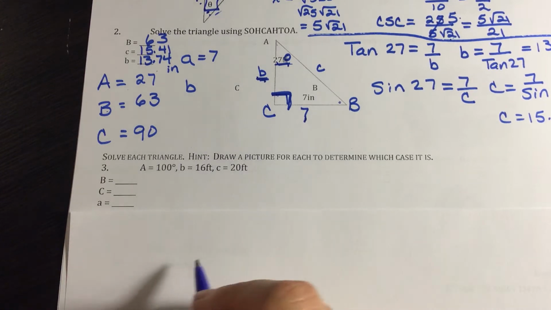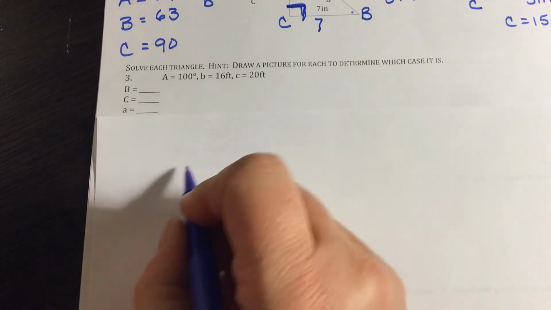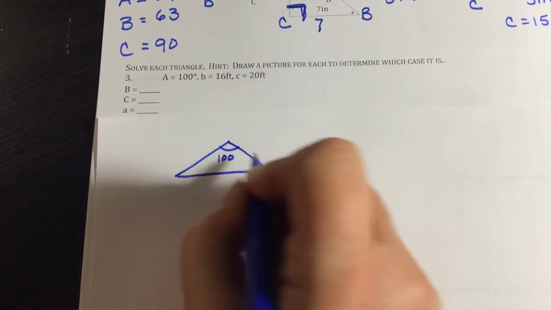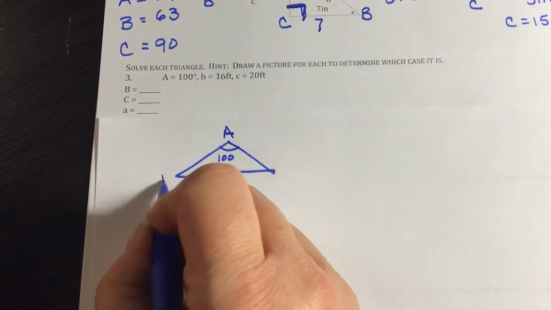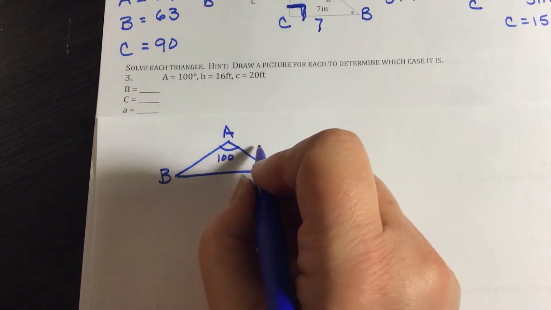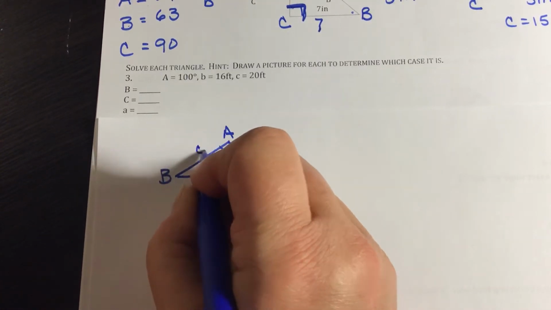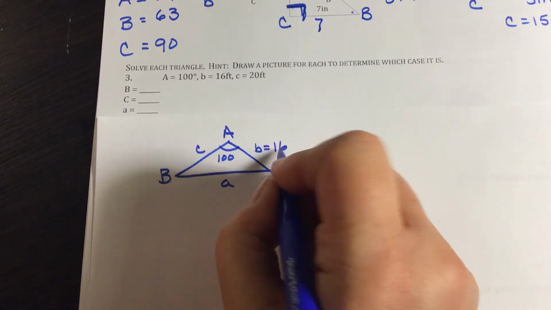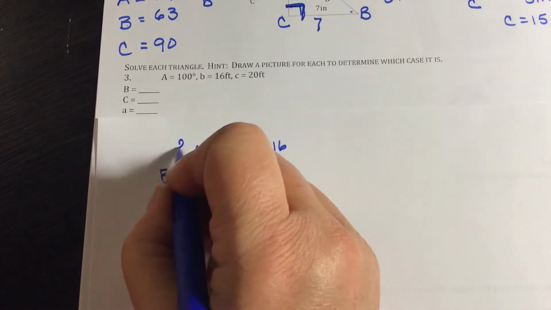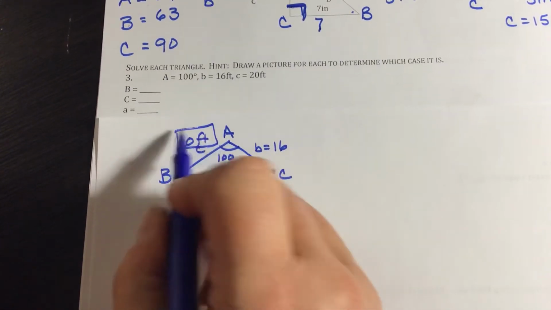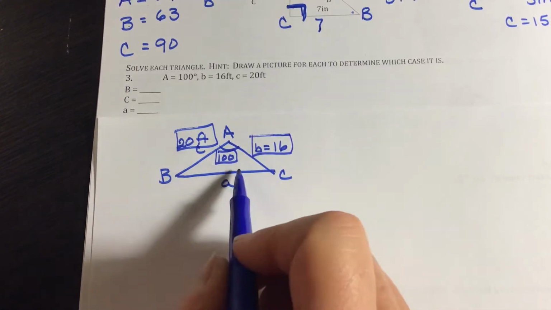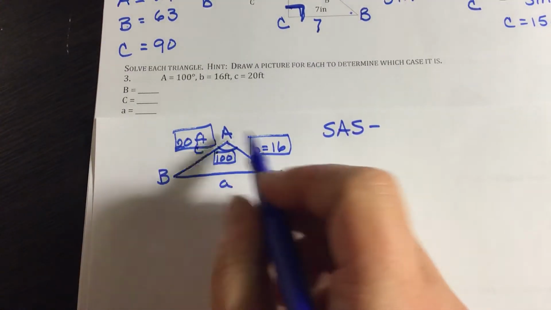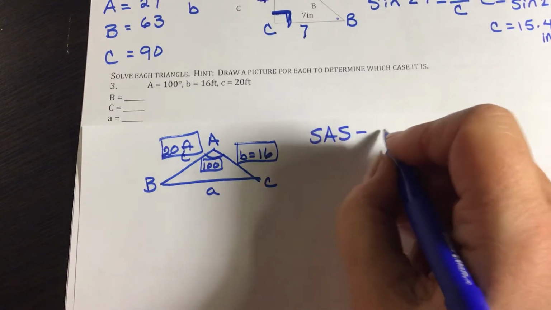I don't have a right angle, but if I were to draw a picture, I would have something that looks like this, where this is 100 degrees, that's angle A. Here's angle B, here's angle C. It says that side B is 16 feet and side C is 20 feet. If I look at what I have here, I have side, angle, side. To solve for other parts of this triangle, I need to use law of cosines.